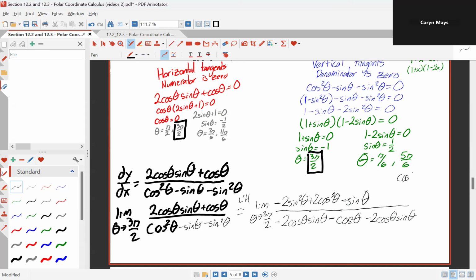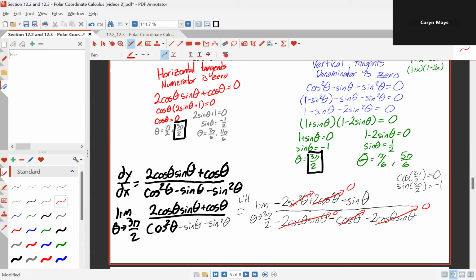Reminder that cosine of 3 pi over 2 is 0, and sine of 3 pi over 2 is negative 1. This is important because anywhere there's these cosines, these are going to 0. And anywhere there's these sines, these are going to negative 1.